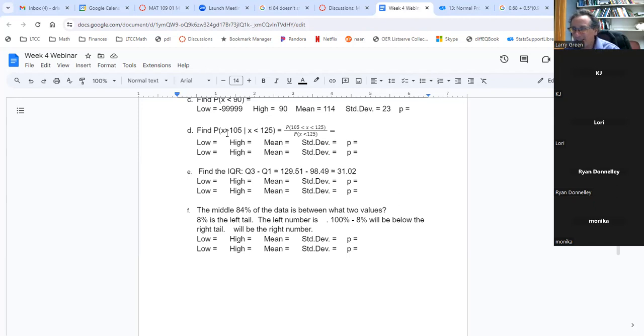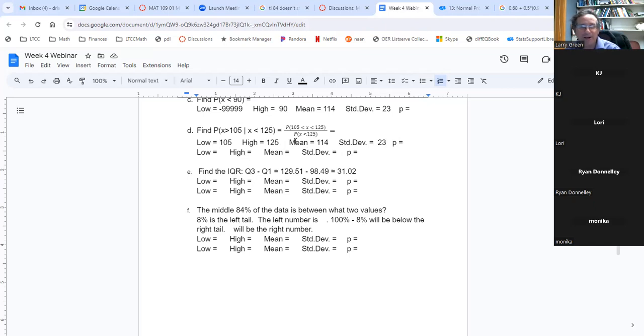So if we are greater than 105 and less than 125, then x is between 105 and 125, divided by the probability that x is less than 125. So this one actually is going to involve 2 different normal distributions. Our low for the numerator is 105. Our high for the numerator is 125. Our mean, still 114. Our standard deviation is 23. We don't know p, that's left blank.